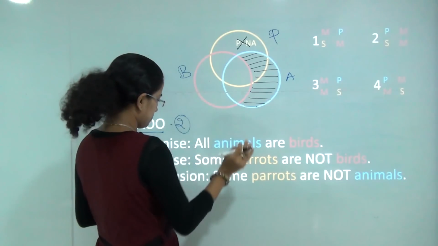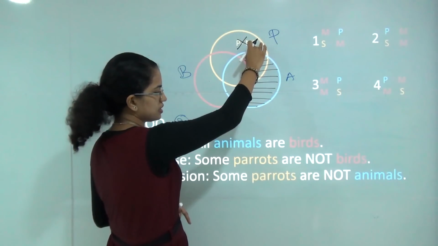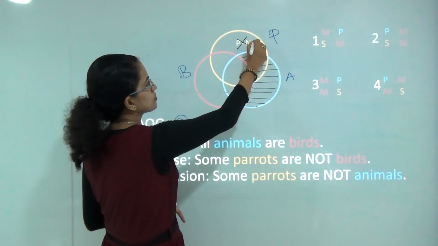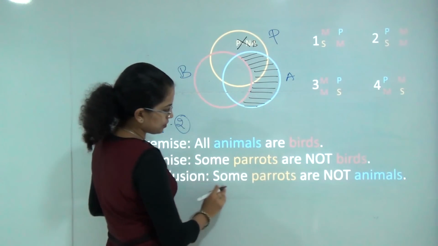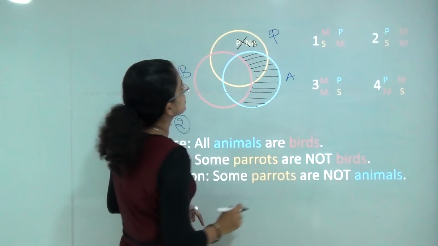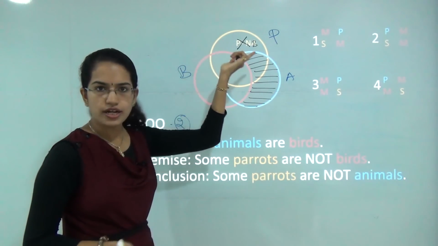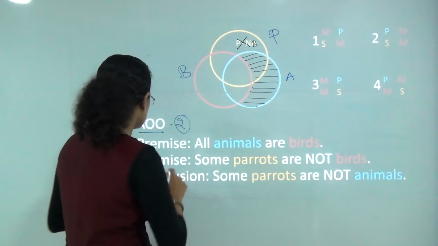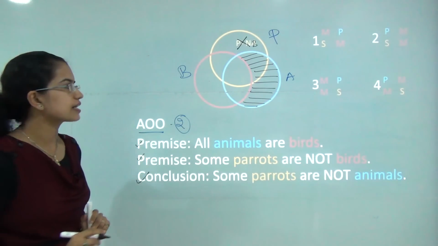Now parrots that are not birds would be in this region. Now based on this, can I conclude some parrots are not animals? So these are the some parrots that are not animals. That is correct. So if I have these two premises, I can say my conclusion is correct.